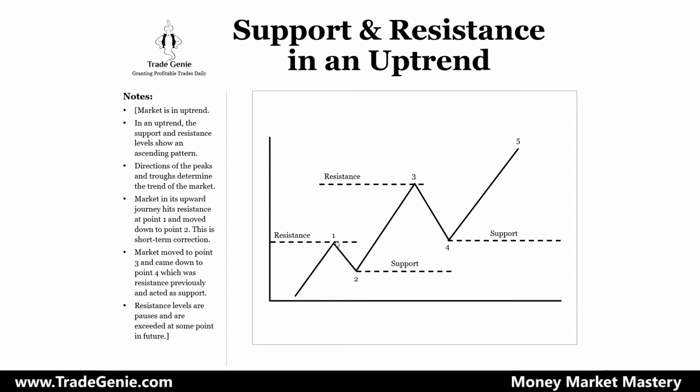So let's say the market hit one and pulled back to some point two, and now it's bouncing up. So we can say, because this was a meaningful pullback, there is a resistance at one. And now when the market pulls back to point two and moves up significantly, we can say that point two is the support. So this is the support, this is resistance.